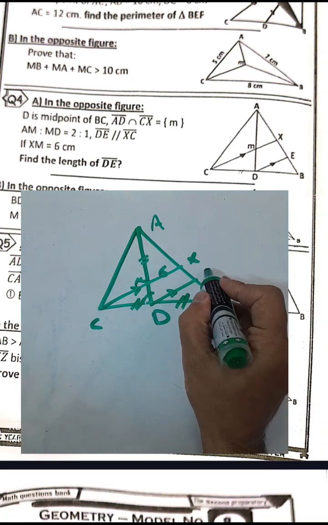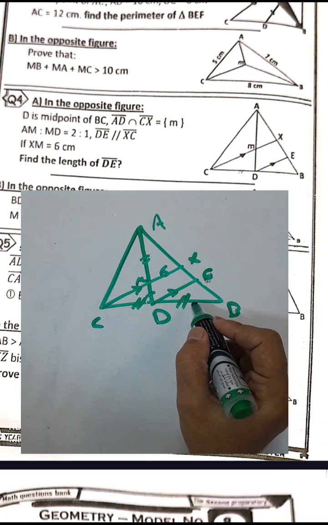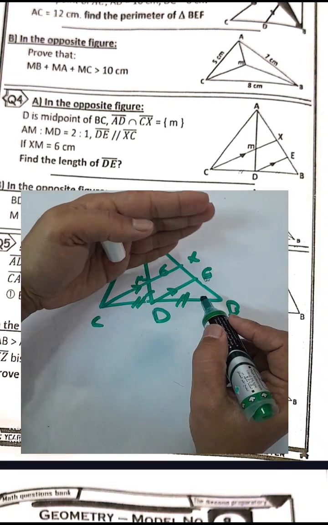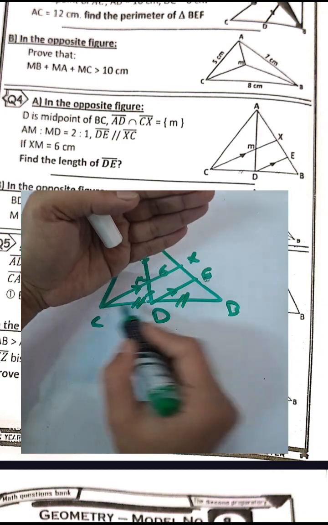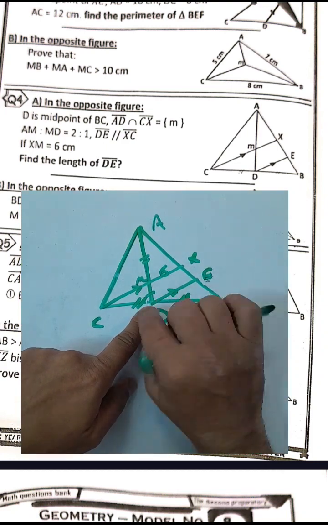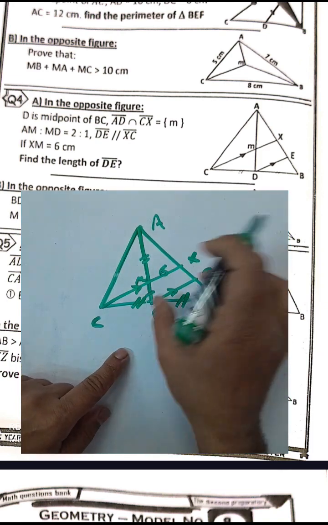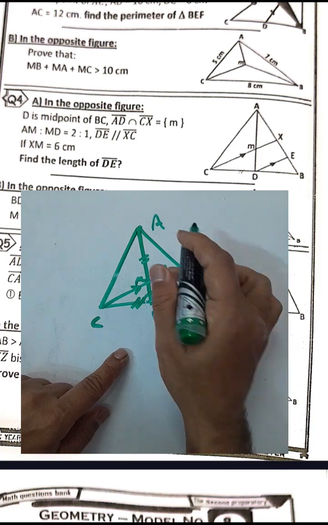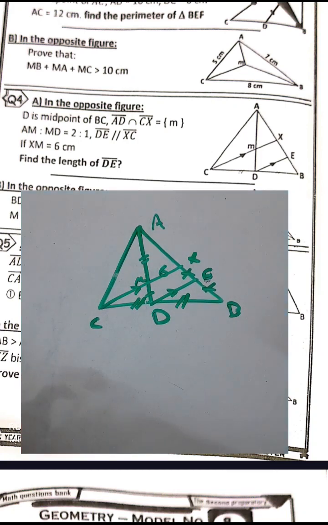The ratio between them will be equal because it's parallel in this triangle. Look at me, in this triangle XBC, D lies on this side. Drawing this straight line from the midpoint of this side, this ray bisects this side, then this part will be equal to this part. It's the first step.